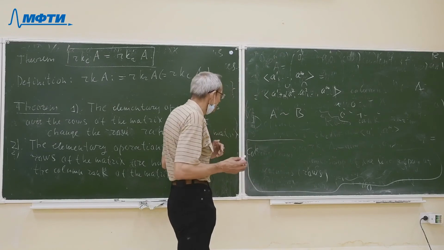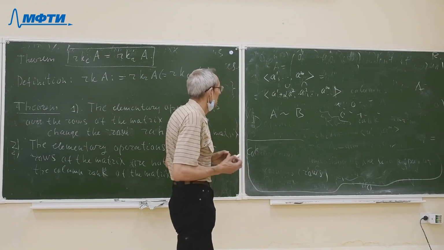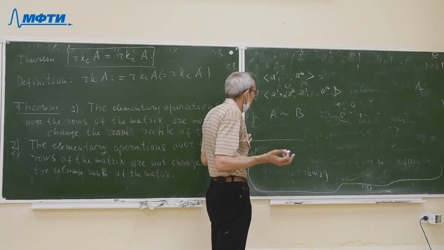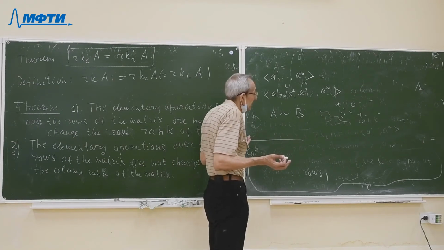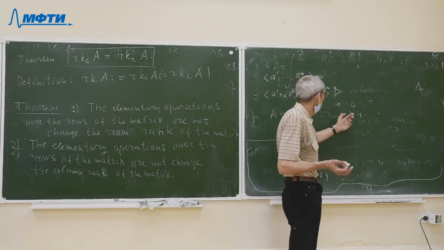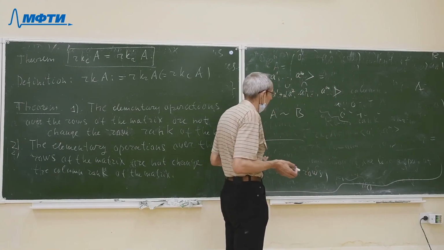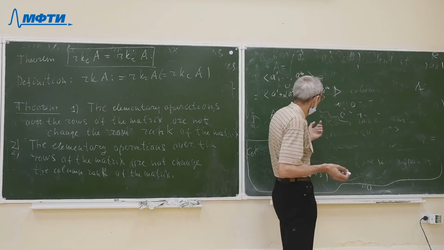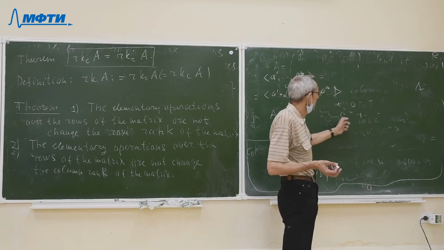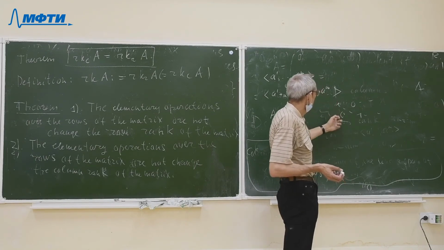And how to prove that the column rank of this matrix is the same? If I obtain the same echelon form of this matrix, and if I prove that the column rank is not changed, it is easy to calculate the column rank, and it will also be equal to the number of rows.